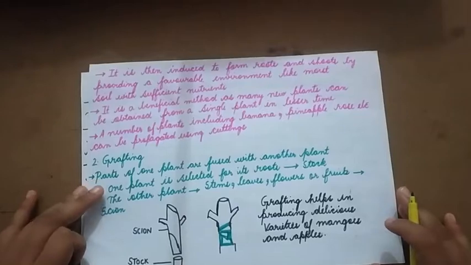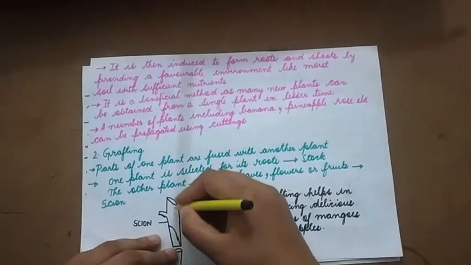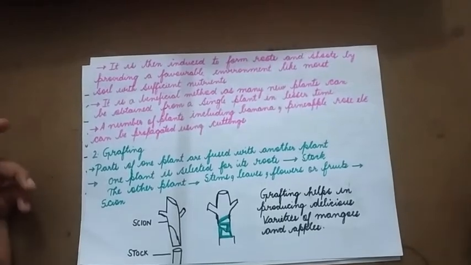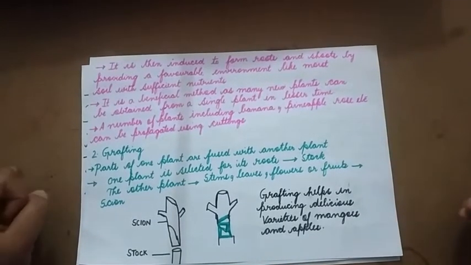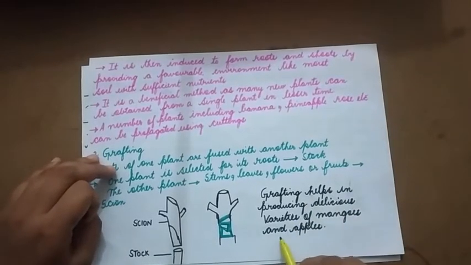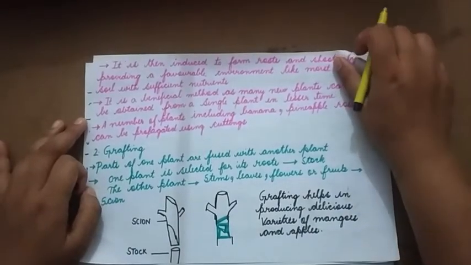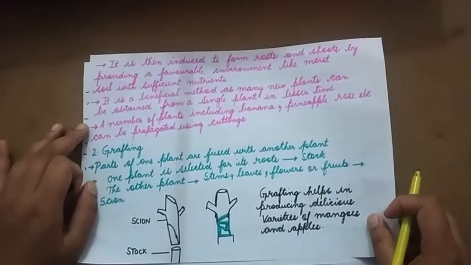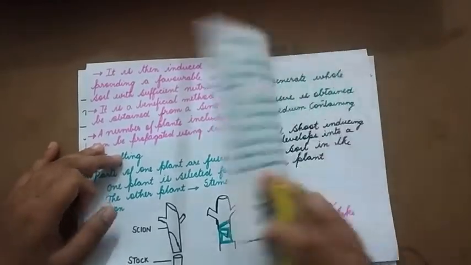Water and minerals are absorbed from the root and transmitted to the stem, and finally fruits develop. Grafting helps in producing delicious varieties of mangoes and apples. We are combining characteristics of two different plants, and the quality of fruits obtained is much better.